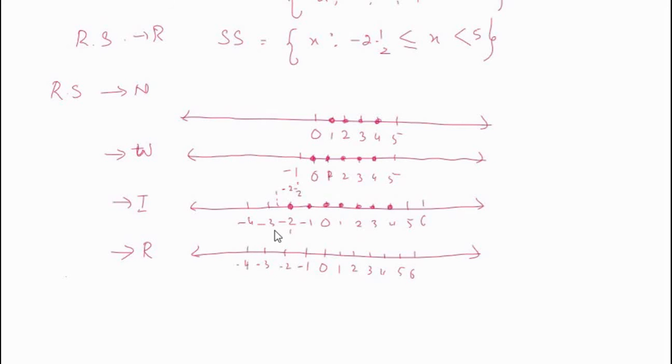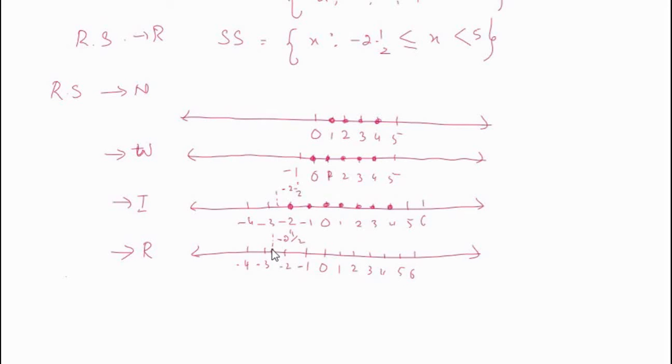Now x is greater than or equal to minus 2.5. Let us represent minus 2.5 here. So x is equal to also. Since it is a real number, minus 2.5 is also part of the solution.